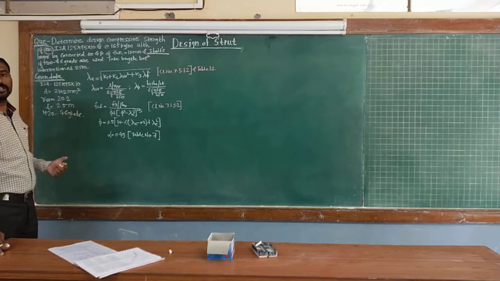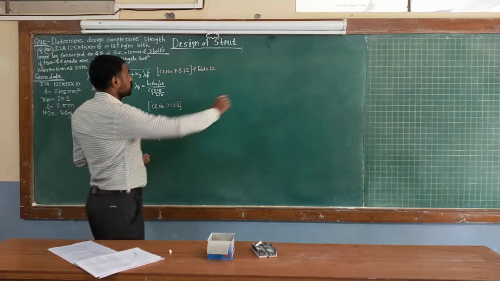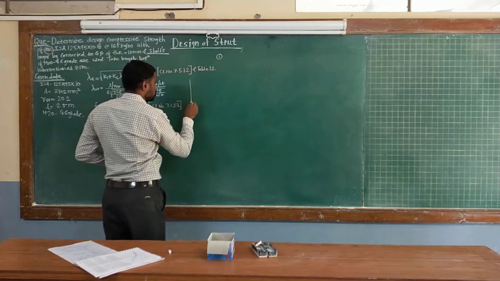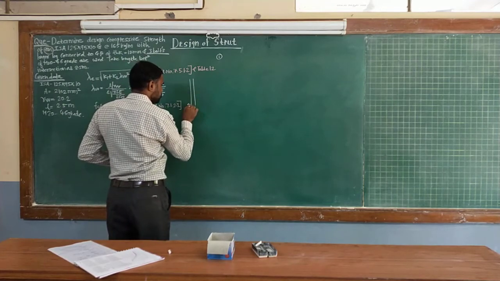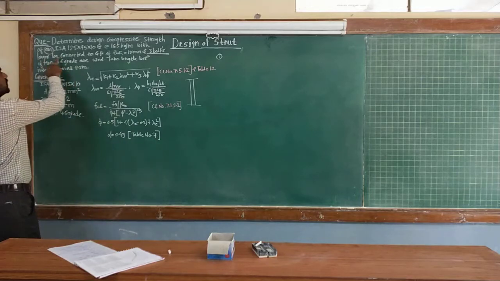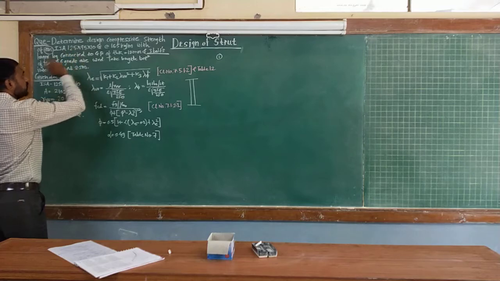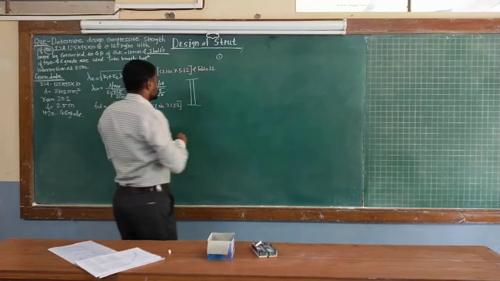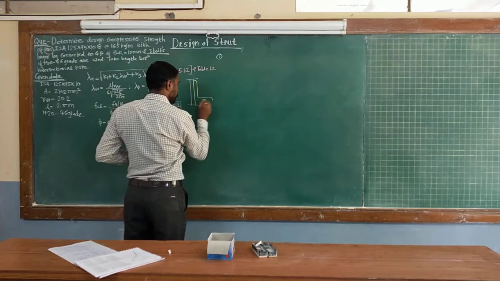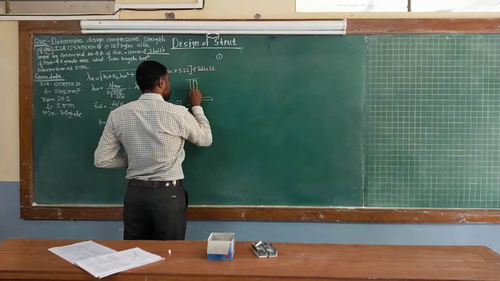Starting with step number one, that is the diagram for the solution. Suppose your gusset plate is there, and in the numerical you can see that the longer leg is connected to the gusset plate. Out of the two legs, 125 and 95, the longer leg is connected. So here is your bolted connection.